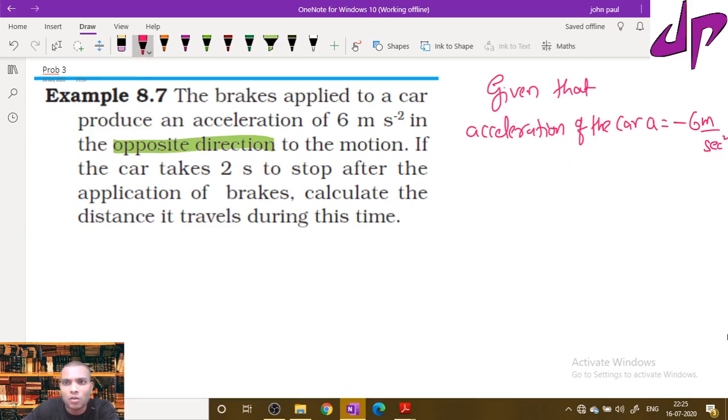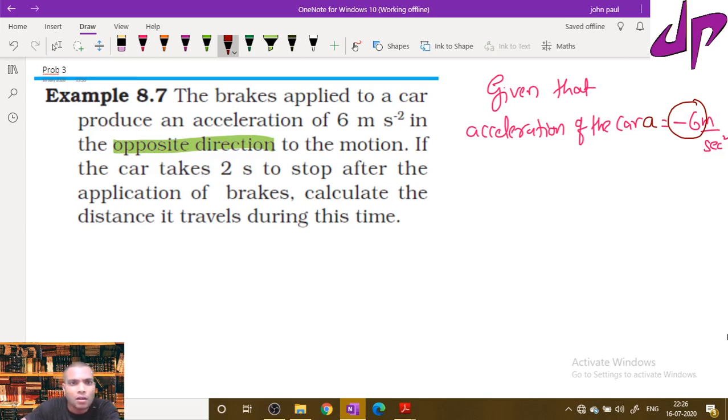So in that value, we should take a. I'll write a with a different color to highlight. a equal to minus 6 meter per second square. Why have I taken minus 6 here? Because the car acceleration decreases, so its motion is opposite in direction. It obviously happens when you apply brakes. So we need to take that value as minus.